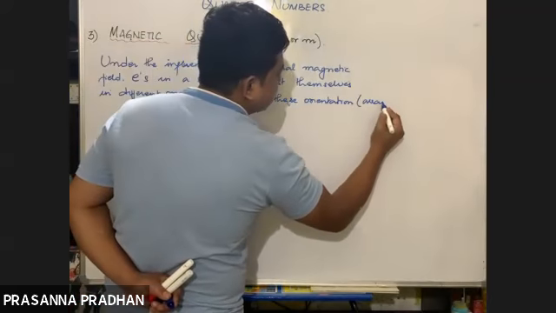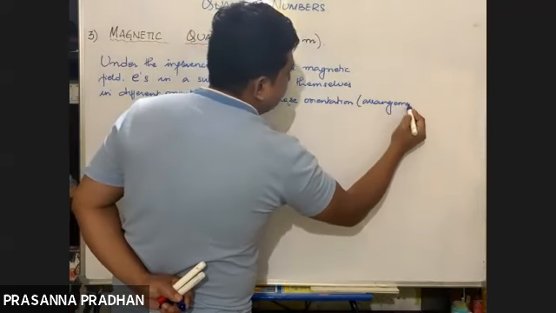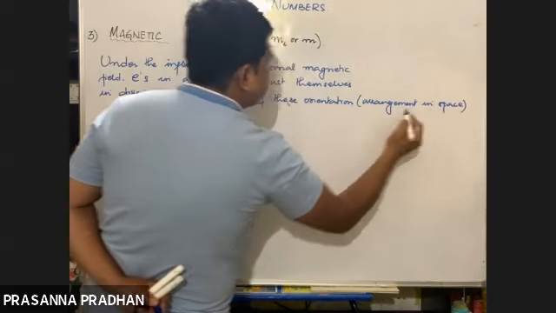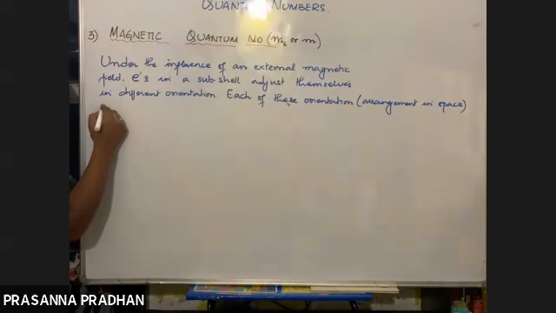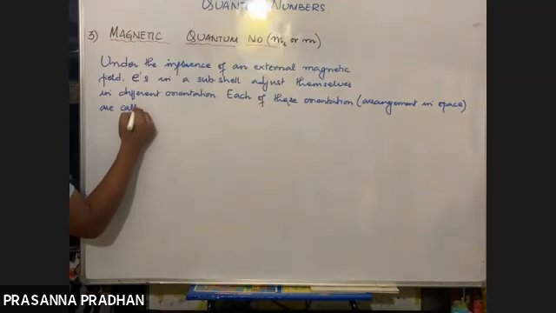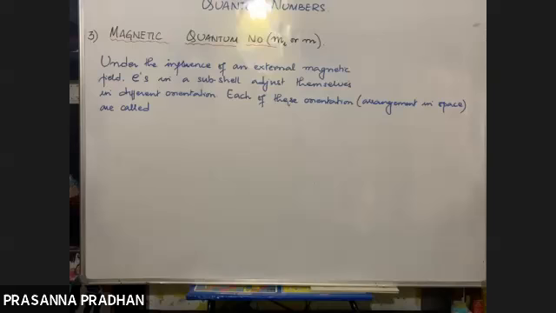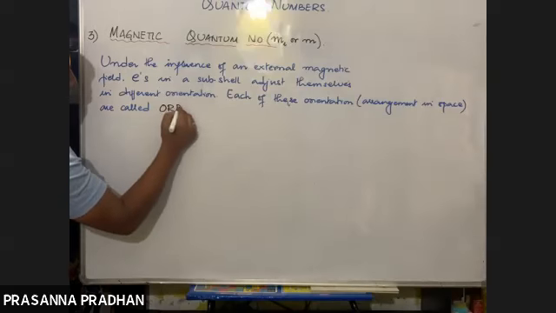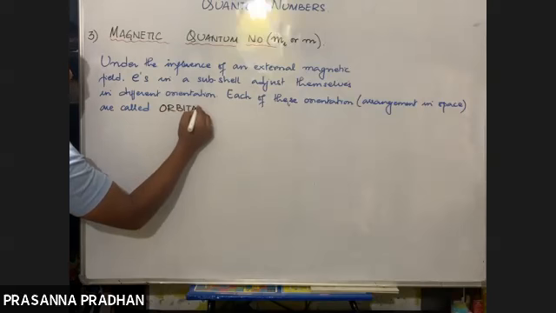Orientation means nothing but arrangement in space. Each of these orientations, and now we'll introduce a new term, are called orbitals.